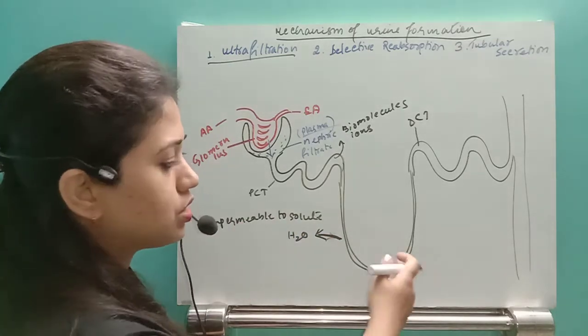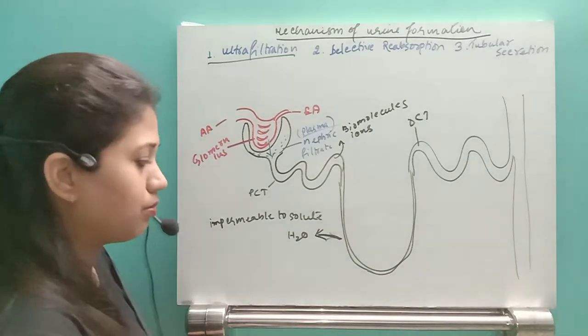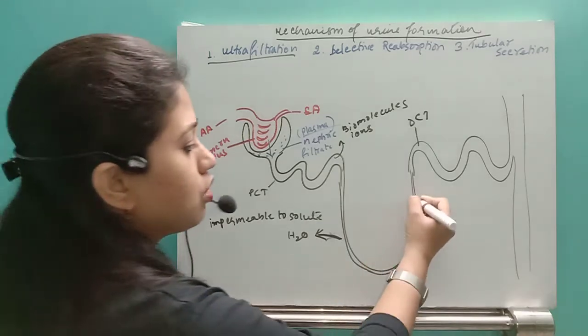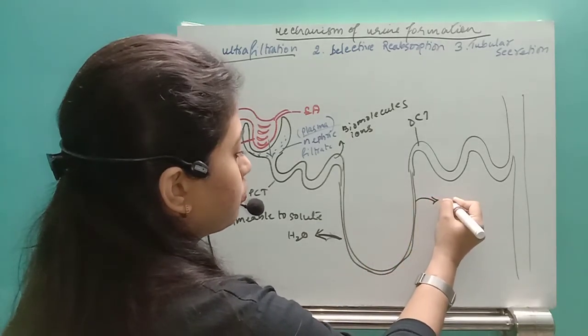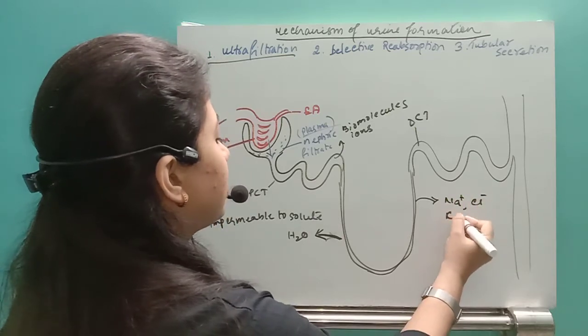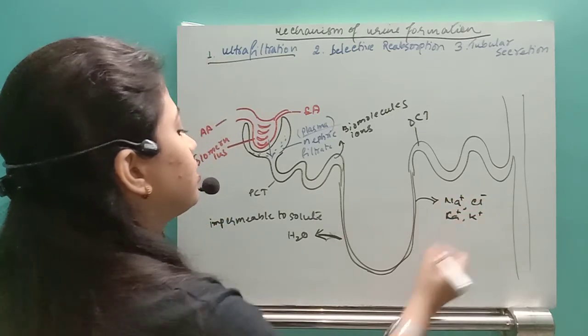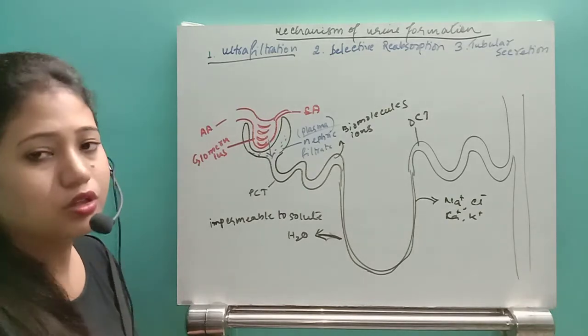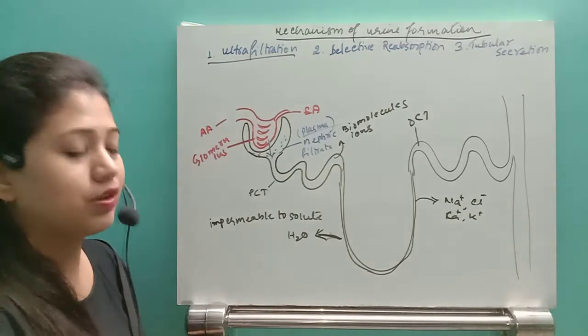And exactly the opposite happens in the ascending loop of Henle. It is permeable to the solute. That means important solutes like sodium chloride, calcium, potassium, those ions will be taken up by the medulla from the loop of Henle, that means from the nephric filtrate.